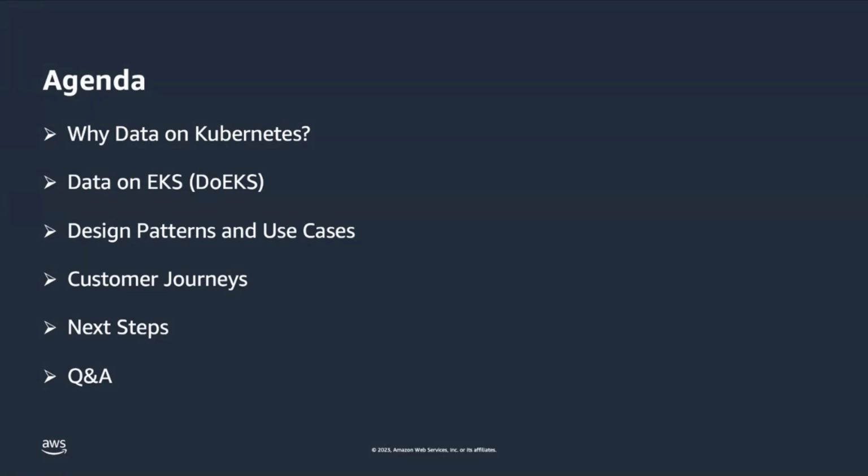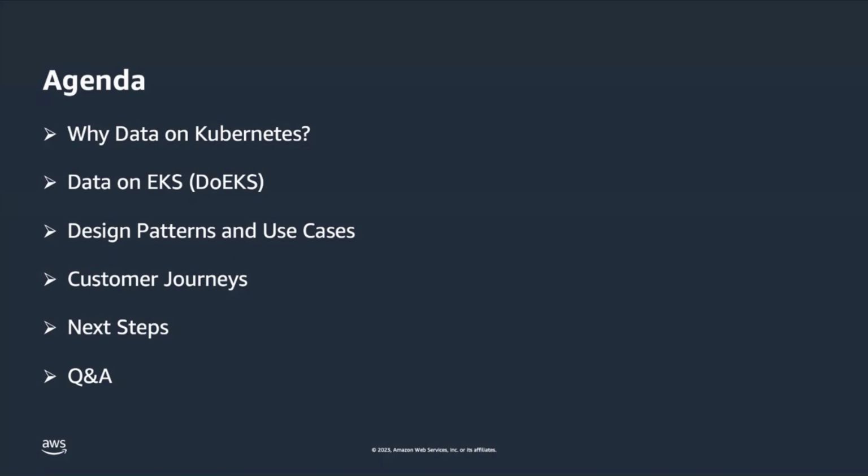And this is going to speak to how we're enabling customers and offering up certain patterns to help them in their journey. We're going to then talk about a number of different patterns and use cases that we're seeing, and also talk about what this has meant for some of the customers going through their data modernization journey. Then I'll close with a couple of next steps and set it up for a Q&A.